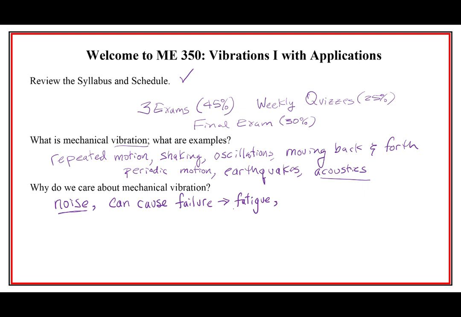That's definitely one of those instances where you can actually cause the part to fail. We can also just be annoying, right? So in addition to the annoying noise, there could be annoying motion.